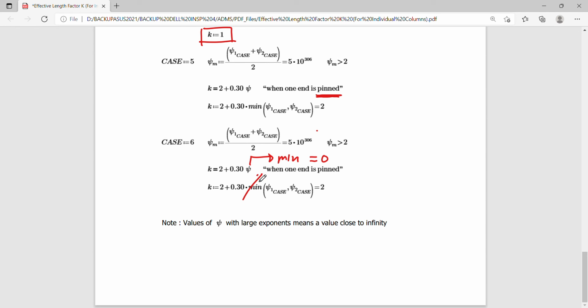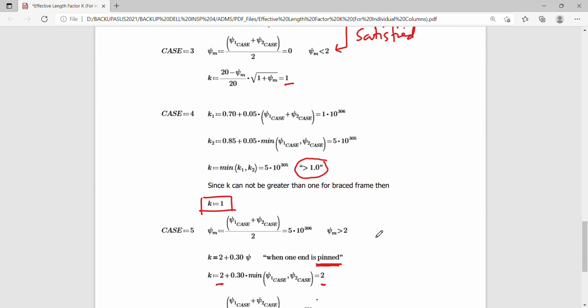So this cancels, and therefore your k simply becomes 2, which is also same as that obtained in case 5. So the values of psi with large exponents simply means that a value close to infinity is represented by it.